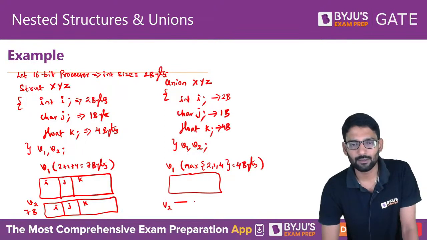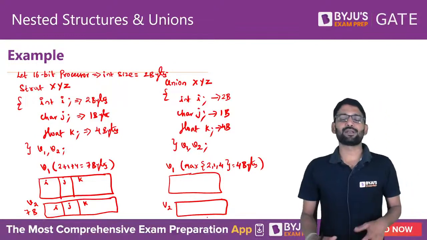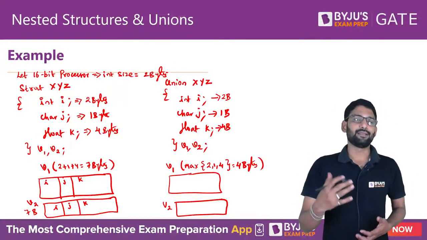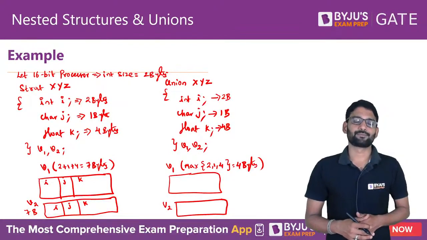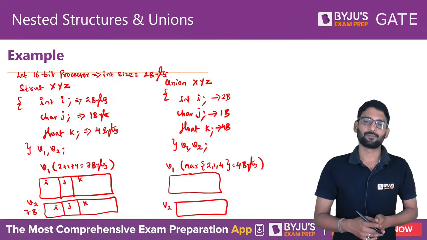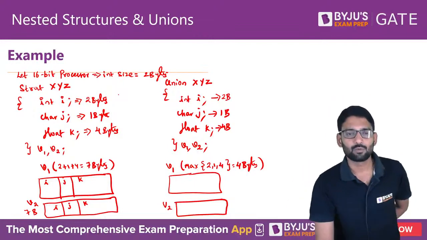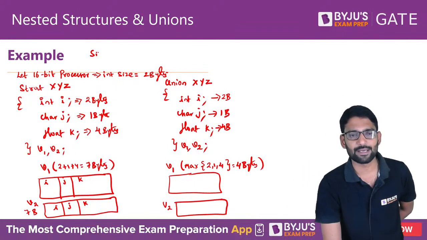Similarly for v2. This space is shared by all the members i, j, k. Got it? But if I want to know what is the size of XYZ?